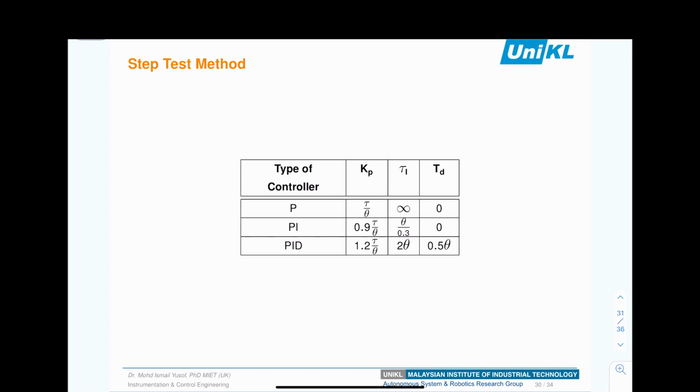So from the calculation, theta is 27.517 and tau is 27.935. We can plug both values into this table to get proportional, or proportional plus integral, or proportional plus integral plus derivative, if you want to use that controller. Assume that we're going to use a PI controller.